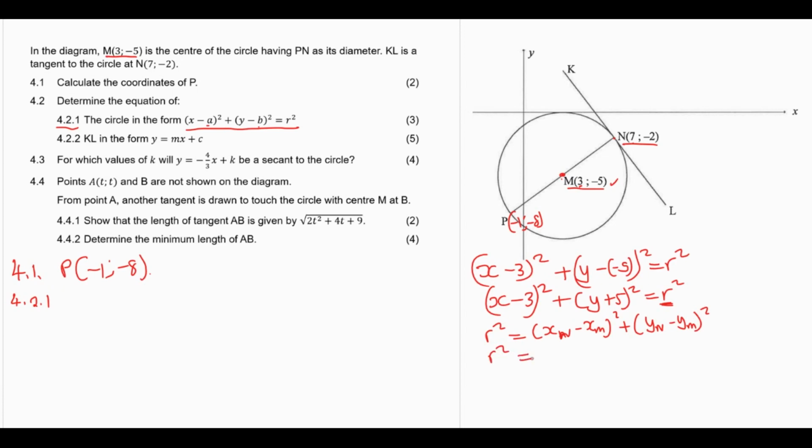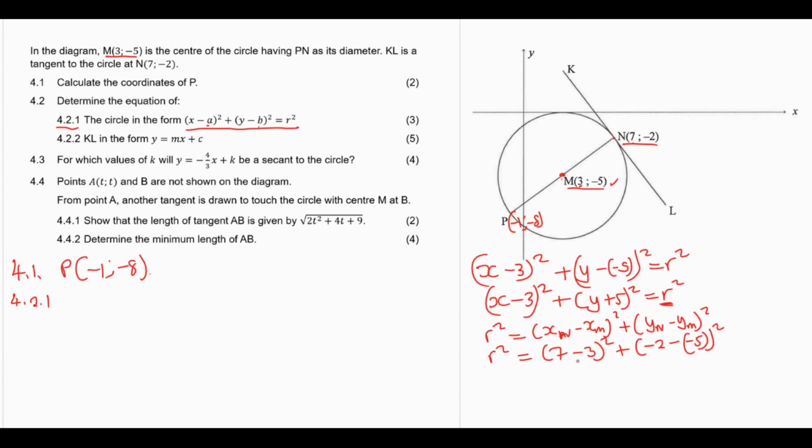So r squared is equal to (x at N, which is 7, minus 3) squared plus (y at N, which is negative 2, minus y at M, which is negative 5, minus negative 5) squared.